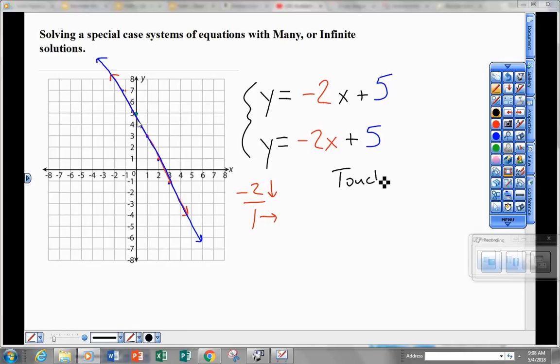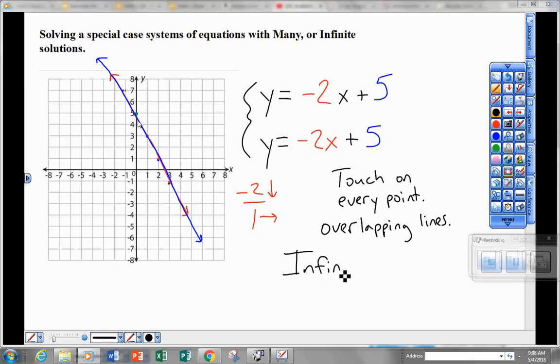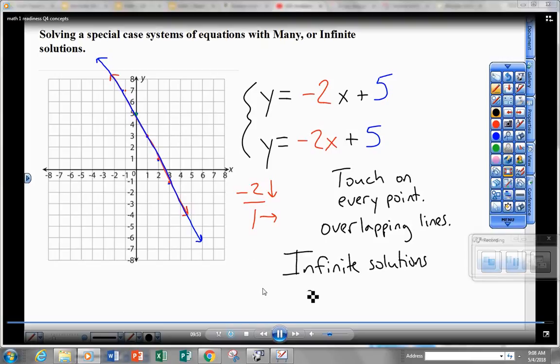It touches everywhere, every single point. Infinite solutions, or many solutions.